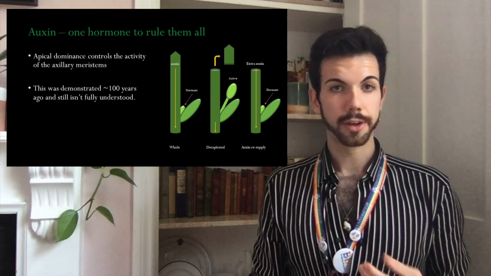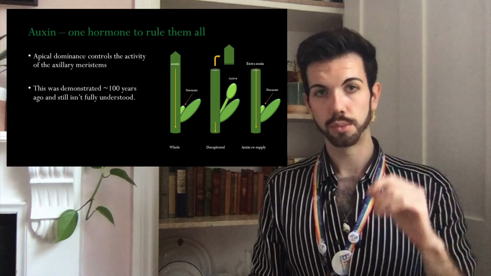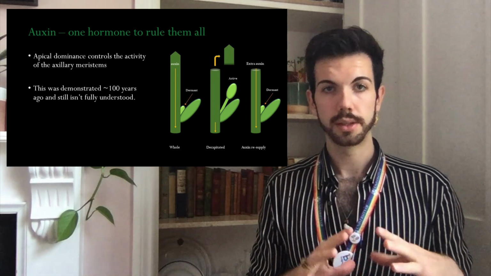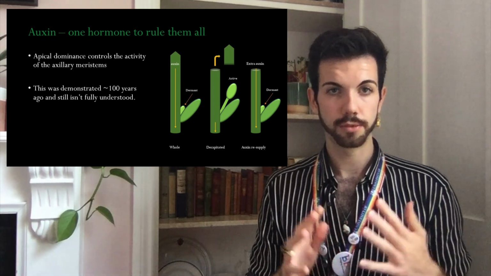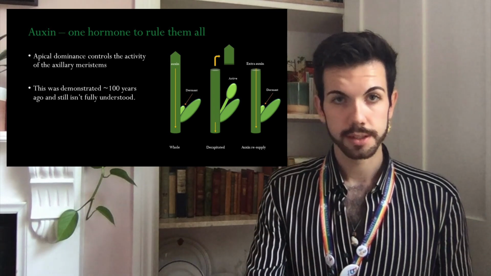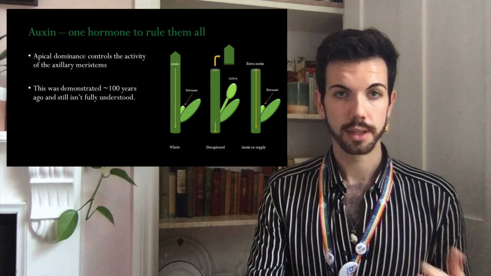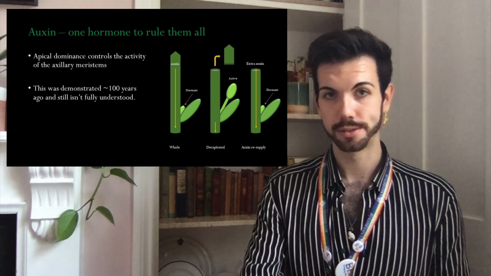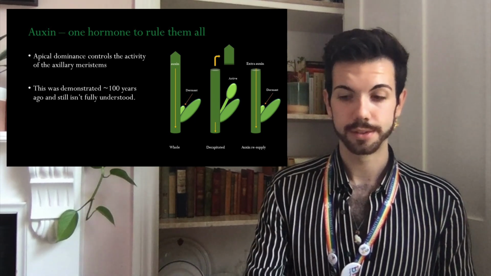So he hypothesized that this apical meristem was producing a substance which then travelled down the plant and suppressed the axillary meristems from growing. Since then, a huge amount of work has been done in this area, and it's been shown clearly that this hormone is Auxin, but we're still working on the exact mechanism of how this is controlled.